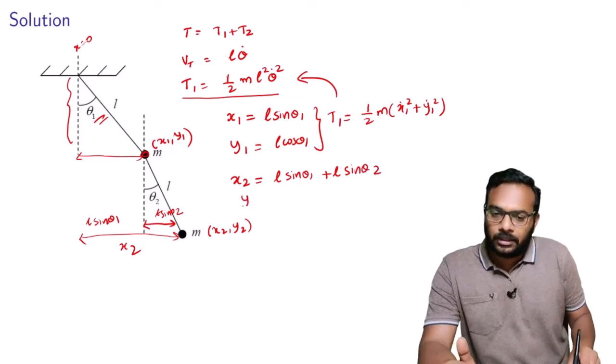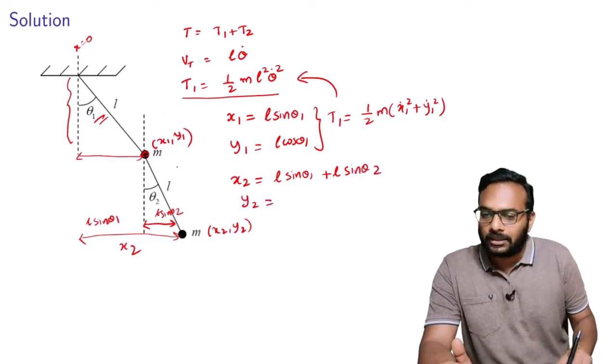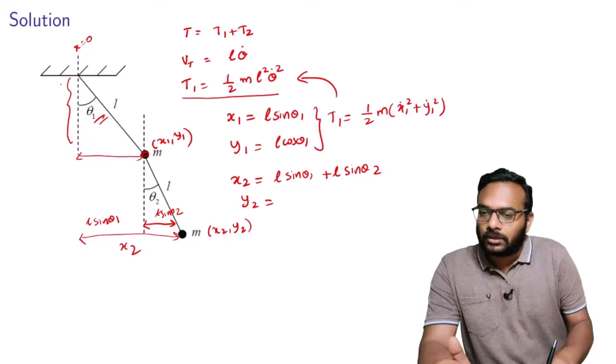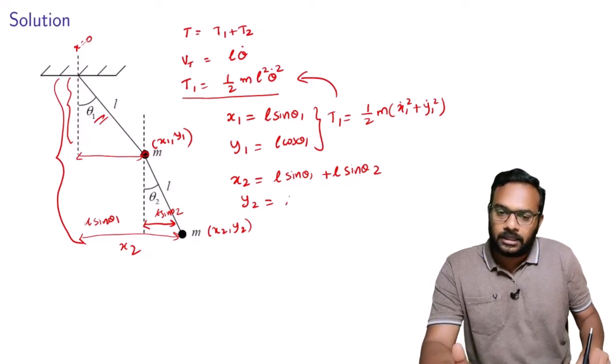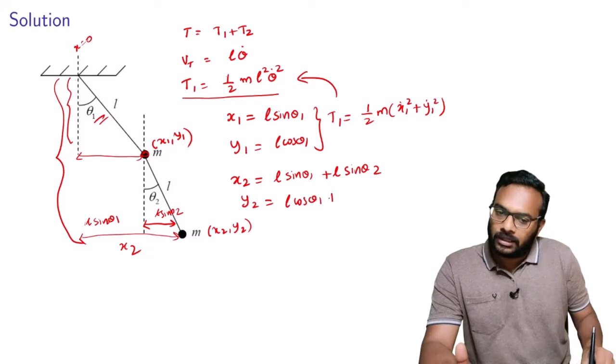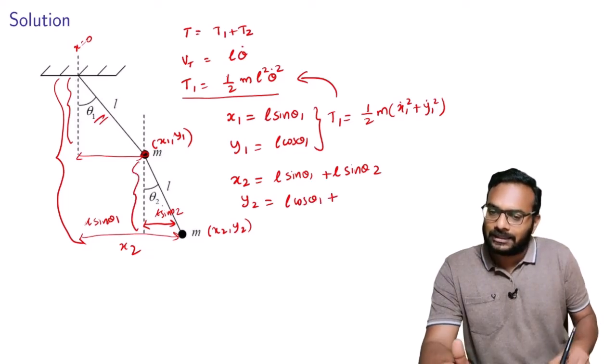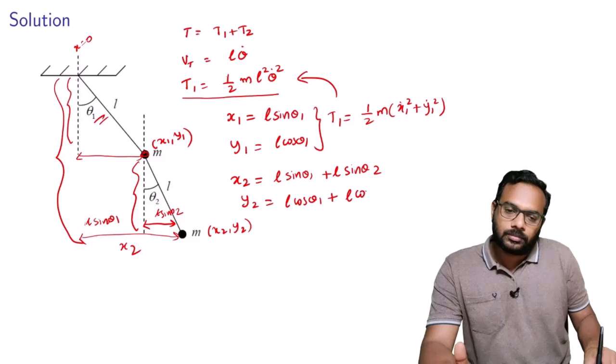Similarly, y2 is this length plus this length, and this length we already know is L cos theta 1, plus this one, which is L cos theta 2.